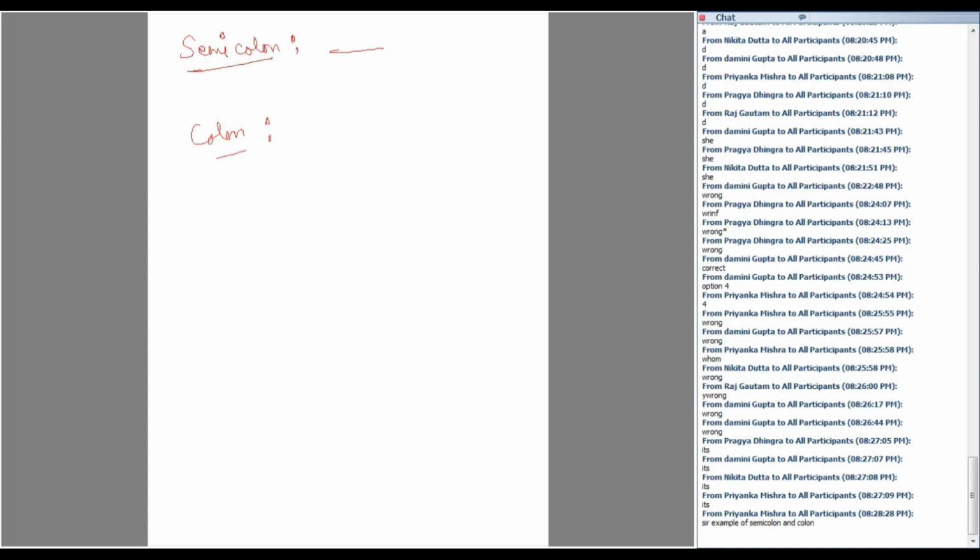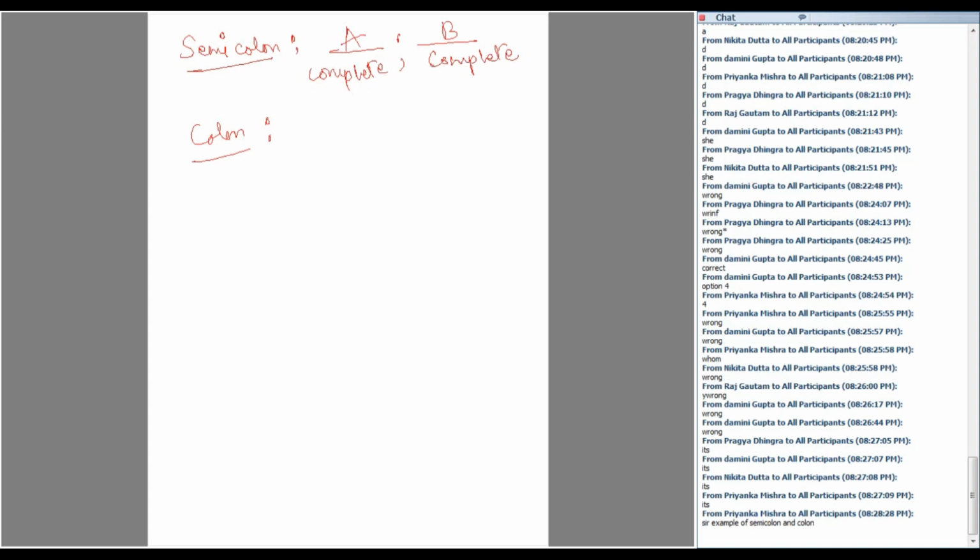Now, different books will say different things. Generally, what they will say is that when you are using a semicolon, you have two statements, A and B. This statement also should be complete. This statement also should be complete. Both these statements should be complete. That is what most of the books will say, right?